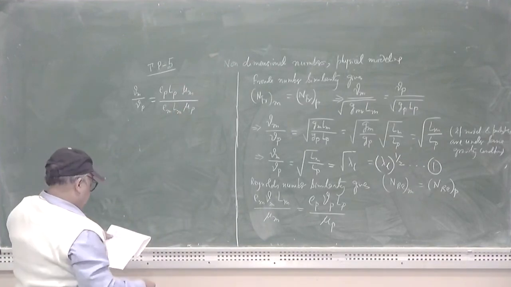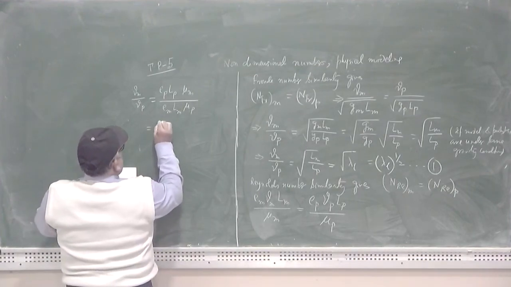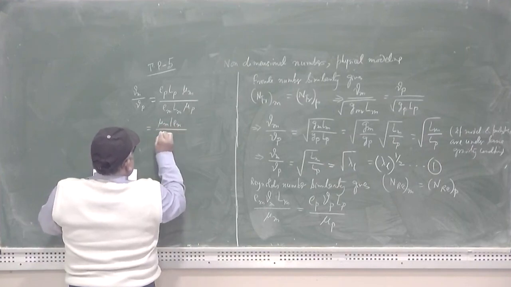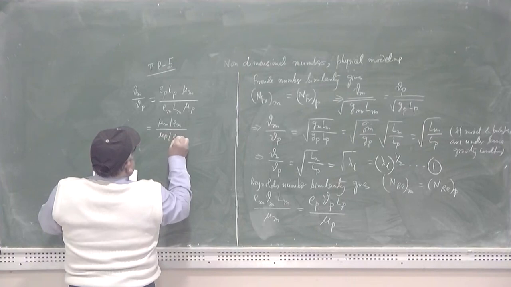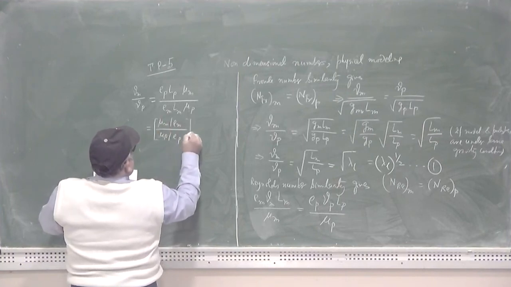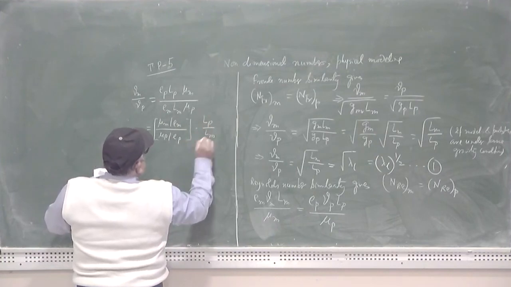Right? So, it can be written as mu m divided by rho m over mu p divided by rho p, and what is left out is Lp divided by Lm.